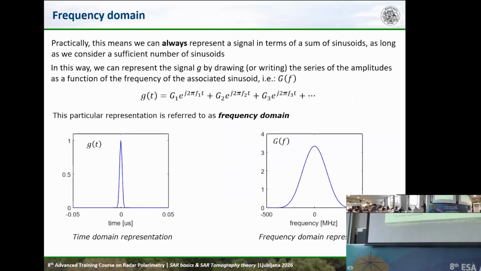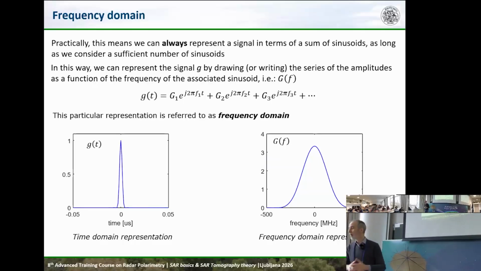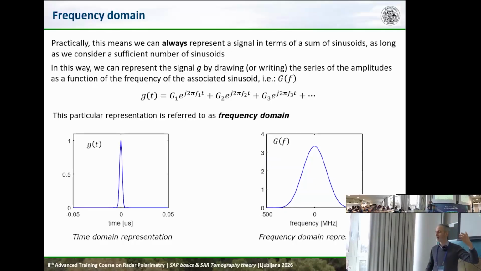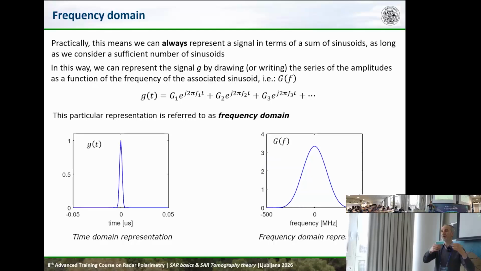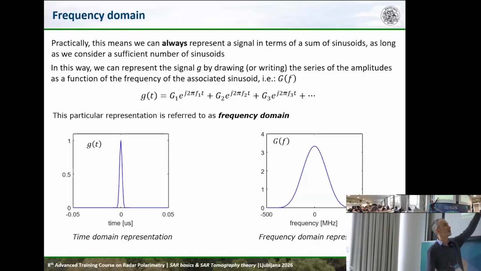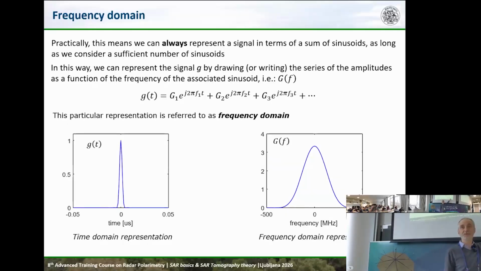So this means that in this way, we can represent a signal g not just as a function of time, but we can also draw or write the series of the amplitude of the sinusoids that it contains. So this is the graph of g as a function of time, and this is the graph of g as a function of frequencies. So this means that g is composed of different frequencies.